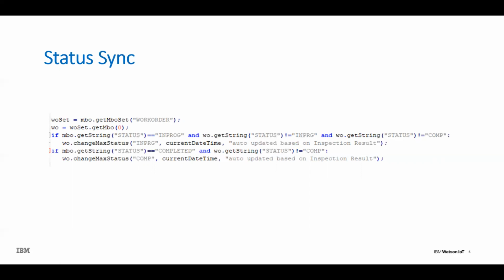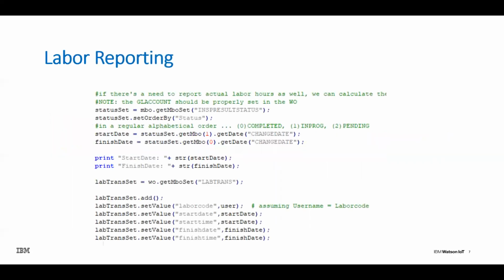But there was one more piece as part of this script, which was related to labor reporting. Again, this piece is quite simple. There is also an out-of-the-box relationship that tracks the status changes and records its dates as you do them in Maximo.